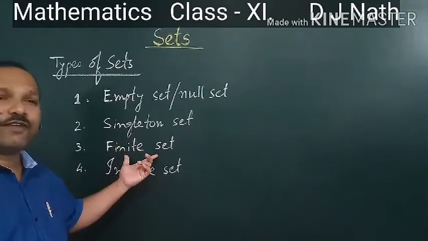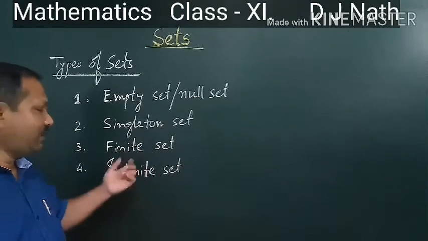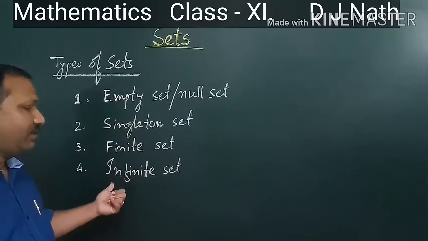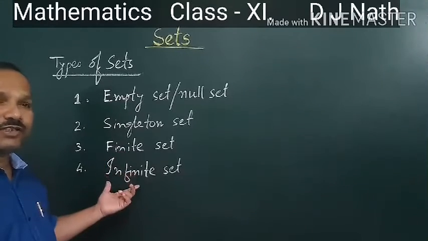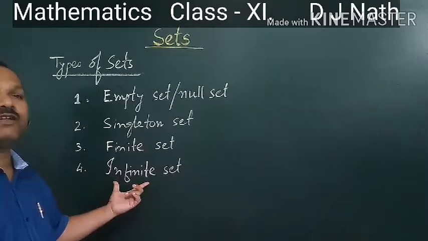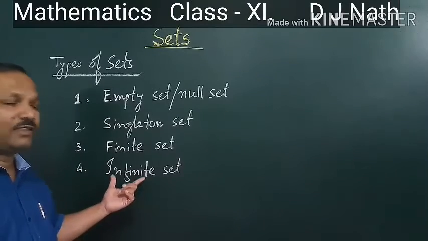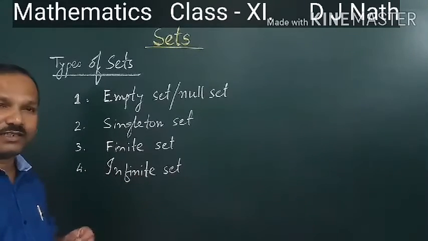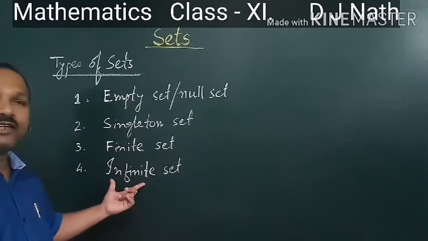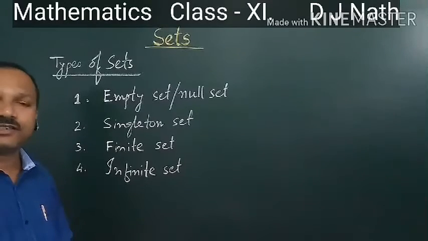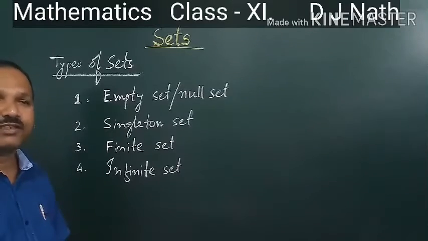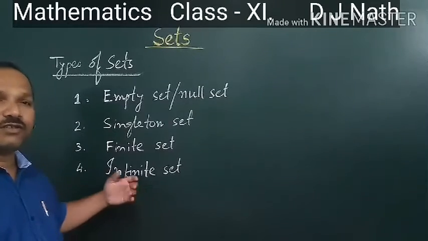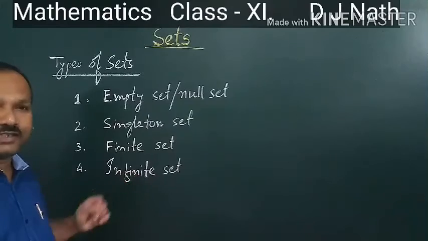They are called finite sets. Next is the infinite set, a set whose number of elements is infinite. For example, set of integers, set of natural numbers, set of rational numbers, set of real numbers. All these are infinite sets.